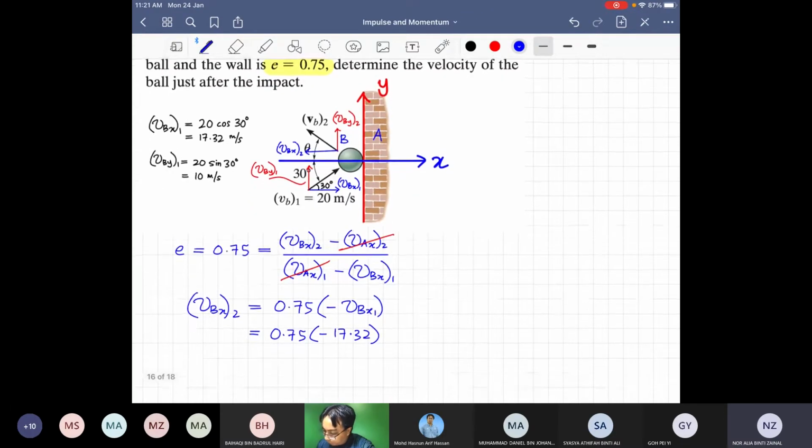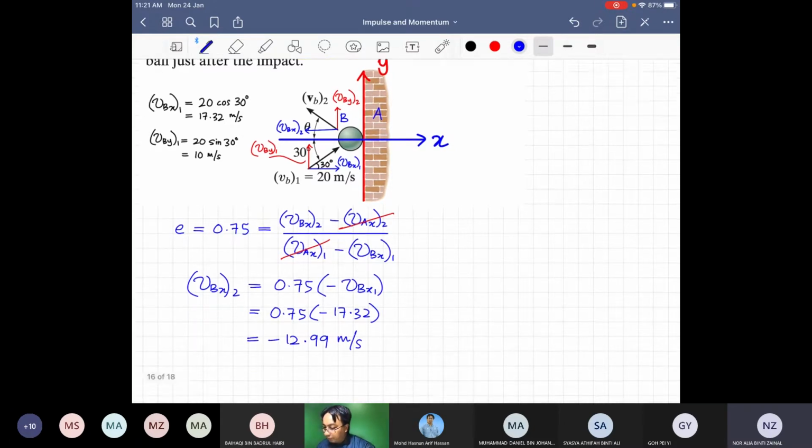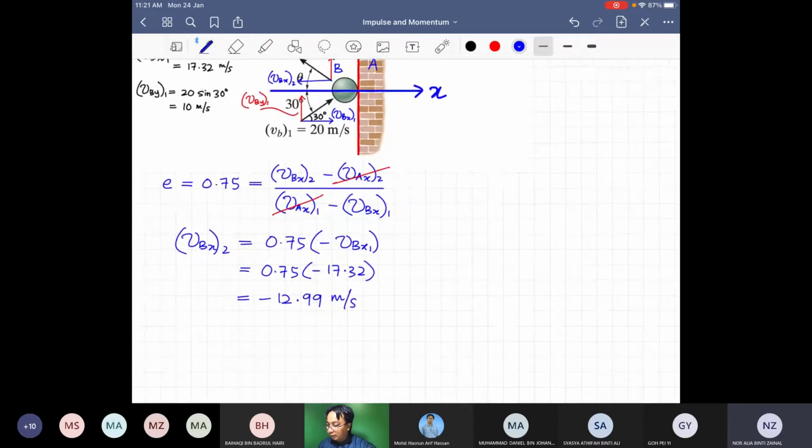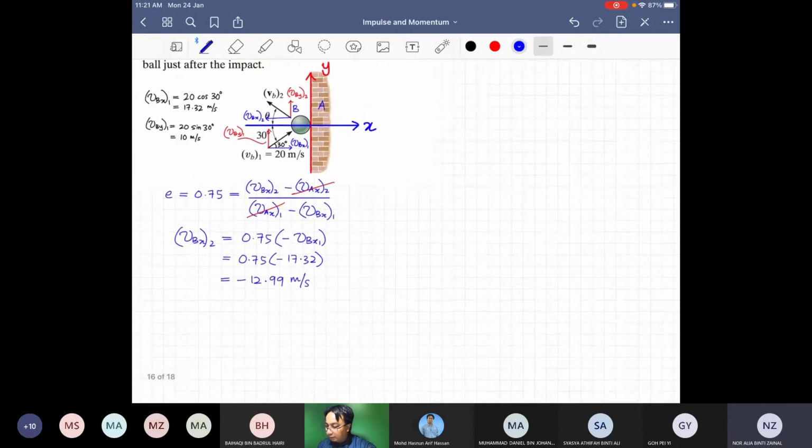Okay, so kita dapat VBX2 sama dengan 0.75 times minus 17.32 is minus 12.99 meter per second. Okay, ini VBX2. VBY2, tadi remember kita punya conservation of momentum in y-axis.